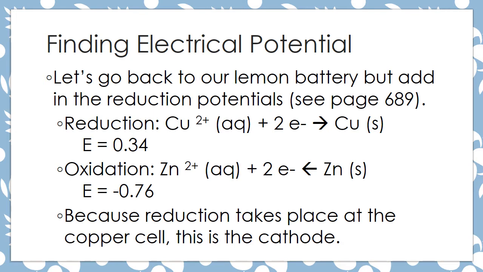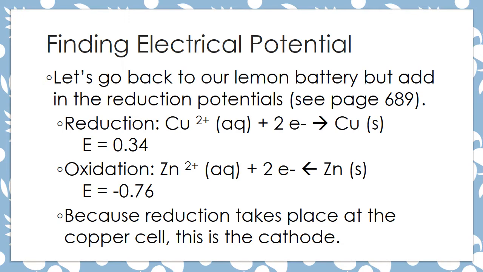So the reduction potential of zinc is negative 0.76, and I've written it as a reduction, zinc 2 plus plus 2 electrons coming from the zinc. Notice how the arrow is in the other direction. It's backwards just to show you that the arrow tells you the way the reaction is actually happening, but I've written it as a reduction. So the reduction potential of copper is 0.34, and the reduction potential of zinc is negative 0.76.